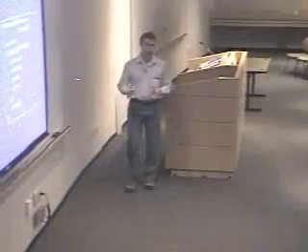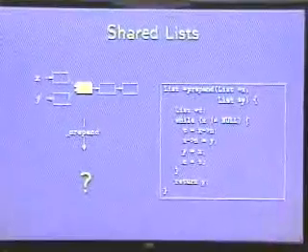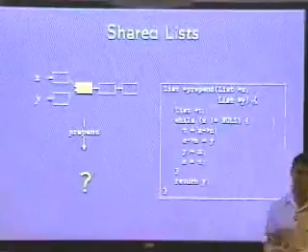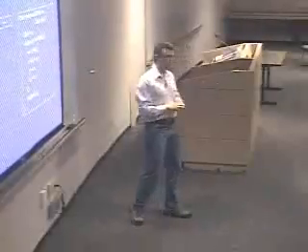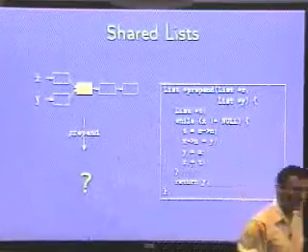For instance, if you have shared lists, so if you take the reverse procedure that I showed you before, and you slightly change it so that it takes list y as a parameter, and essentially it reverses list x and prepends it to list y, and you feed in a structure that represents 2 lists with a shared tail.